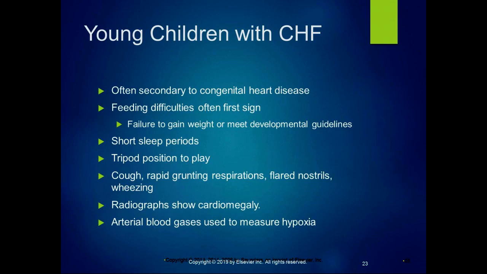So a cough or rapid grunting respirations, flared nostrils, or wheezing. And when you take x-rays or radiographs, it shows cardiomegaly in the child. And they use arterial blood gases to measure hypoxia in children. So in the next section, we'll talk about the congenital heart disease and how that can affect things.